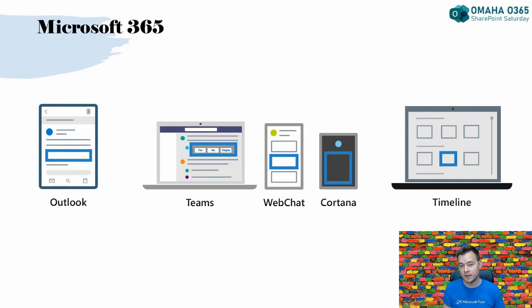And I hope that by the end of this year, we will also have adaptive cards available for Power Virtual Agents, maybe in Power BI as well. You can use them for Cortana, you can use them in Windows Timeline. You can also find a web part that allows you to display adaptive cards inside SharePoint. So the number of possibilities to actually use this technology inside Microsoft 365 is really wide.